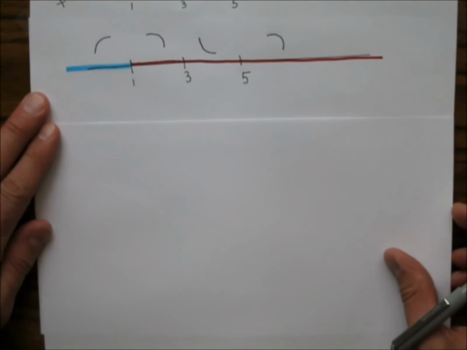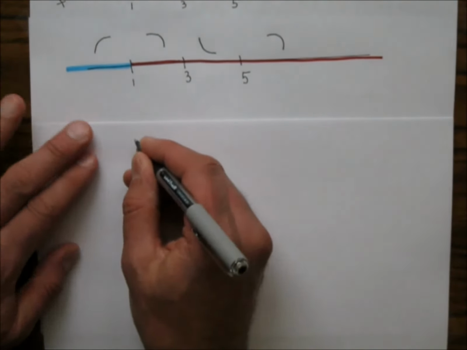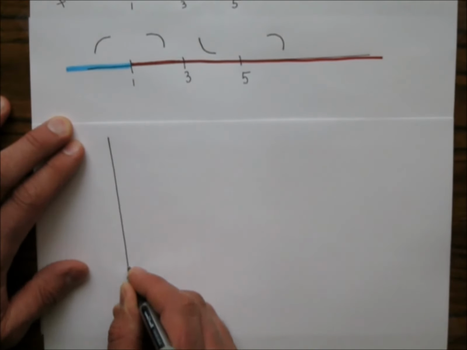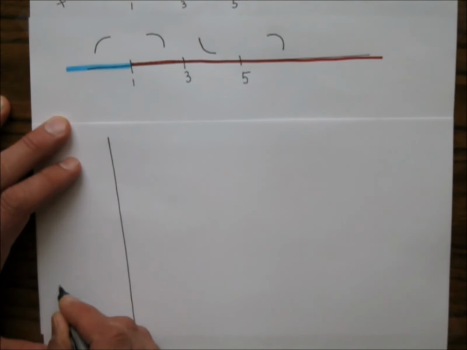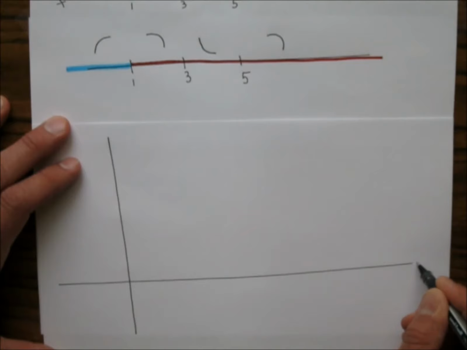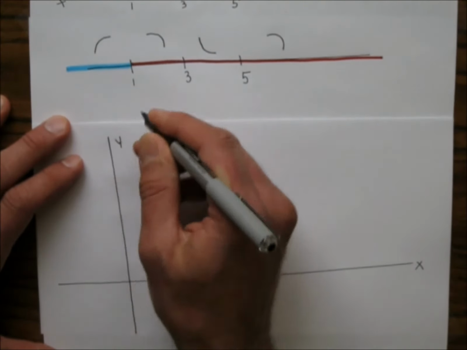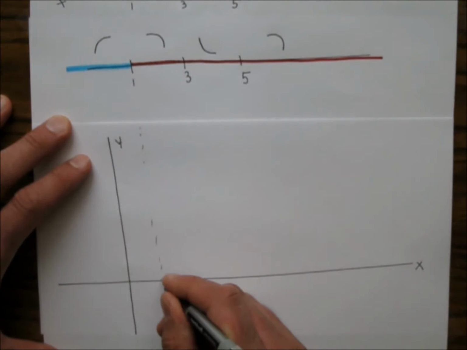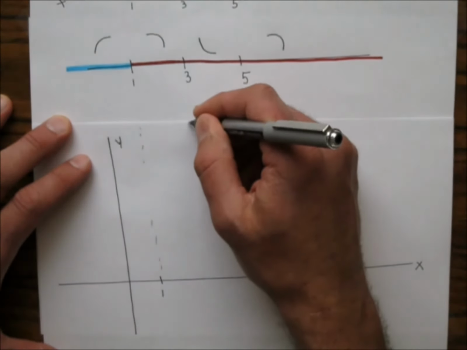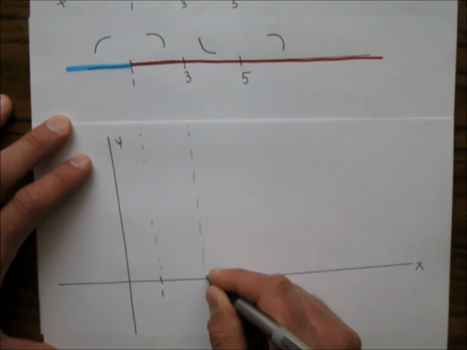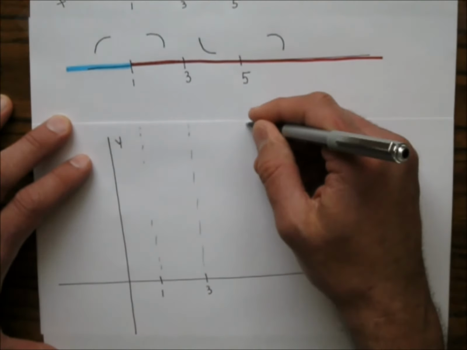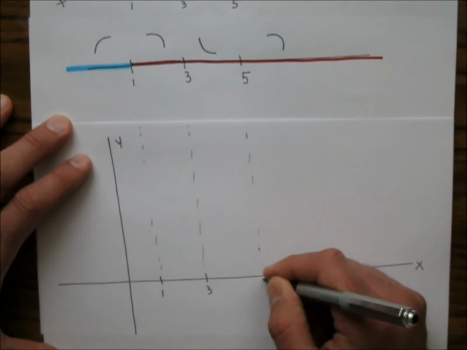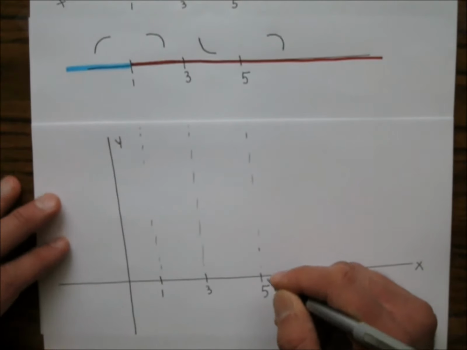And so let's go ahead and draw this graph, if we can draw the graph. X, Y. I'm just trying to line this up here. Here's 3. And then there's 5.